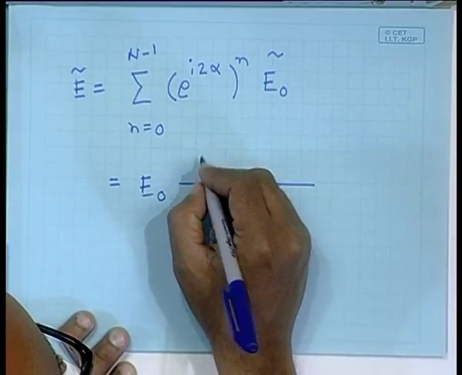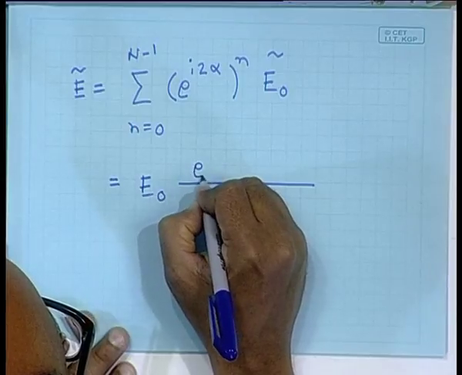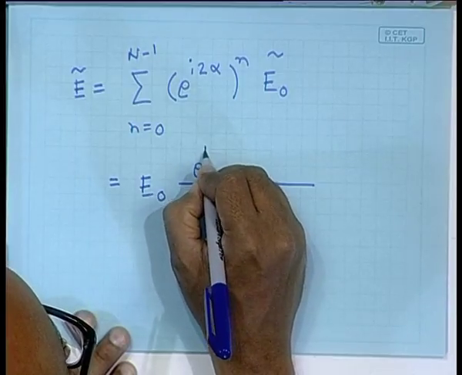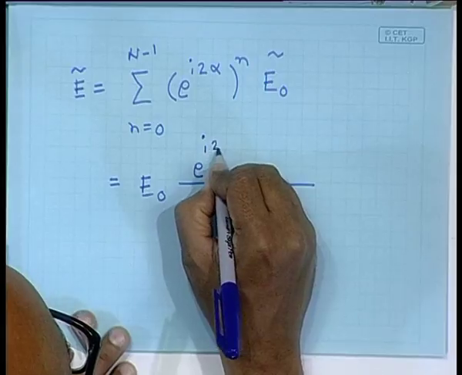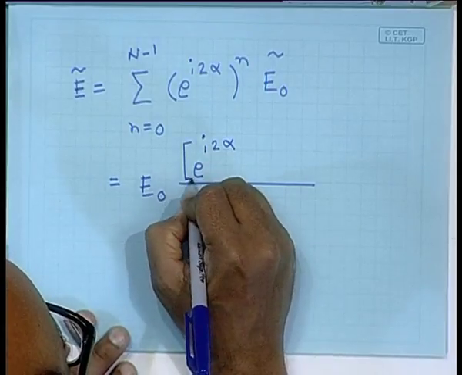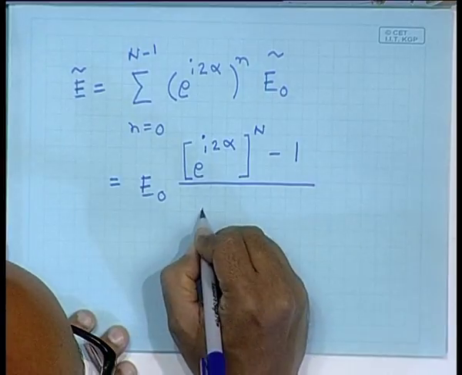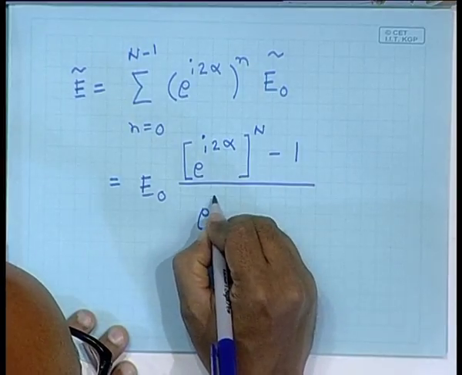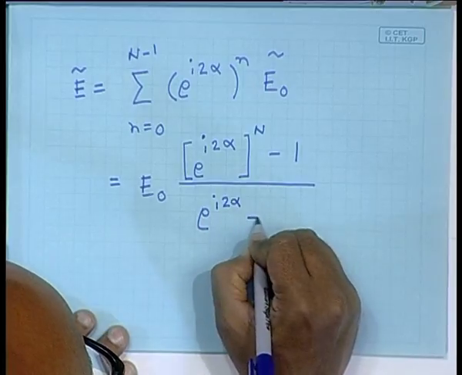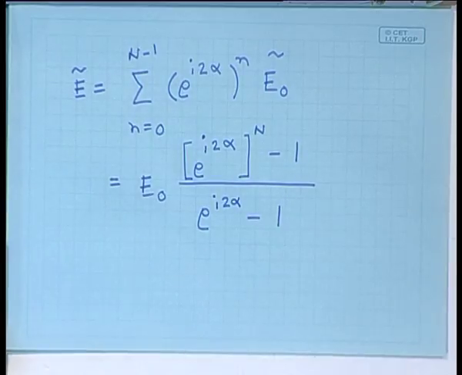So, the ratio of two consecutive terms here is e to the power I 2 alpha, this to the power n minus 1 divided by the ratio I 2 alpha minus 1. Right, and this is the resultant radiation that will be received by the observer. We have summed up all the contribution from all of the oscillators.